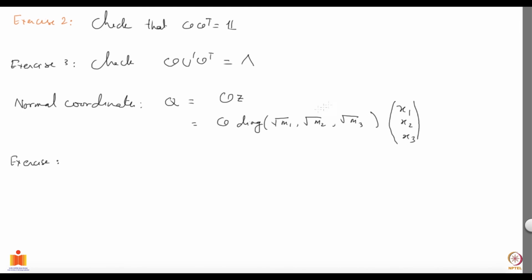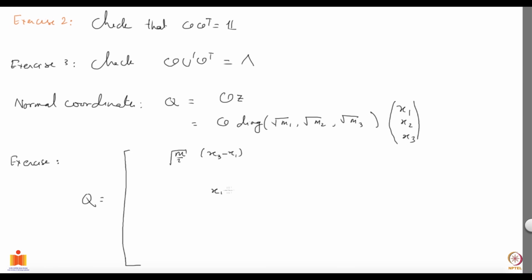Check that when you multiply the O you have found already, this diagonal matrix and this x1, x2, x3, you get the following. So you get the Q to be this. X3 minus x1, m over 2 in the square root.